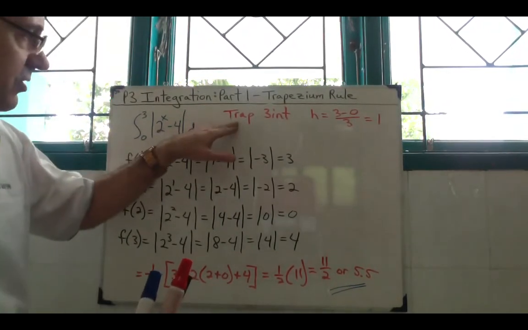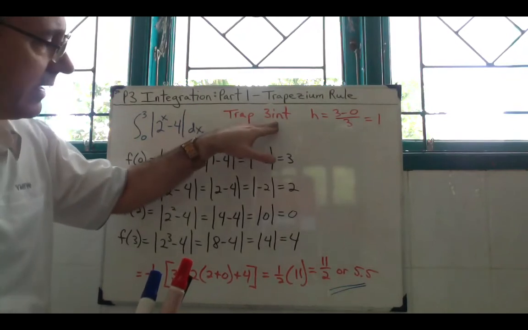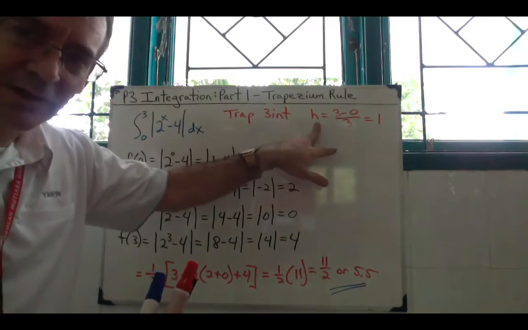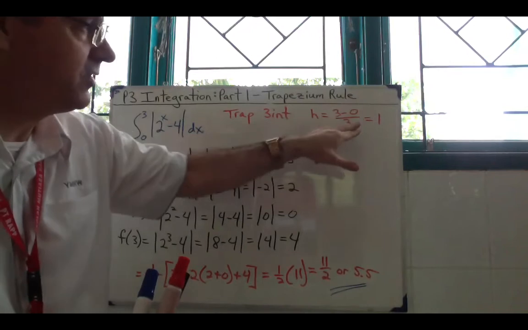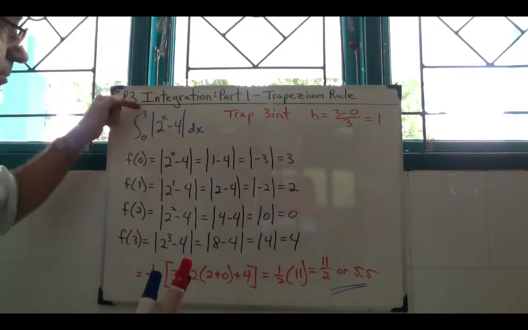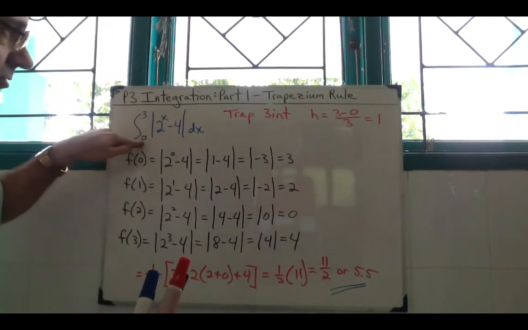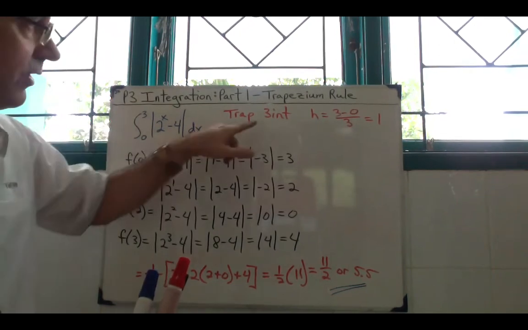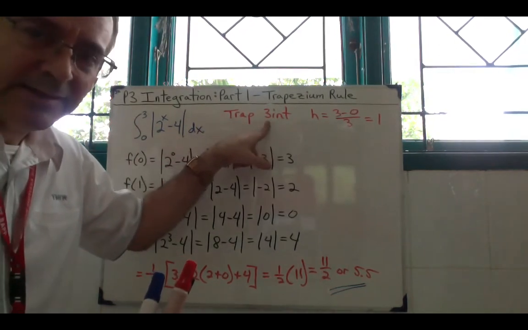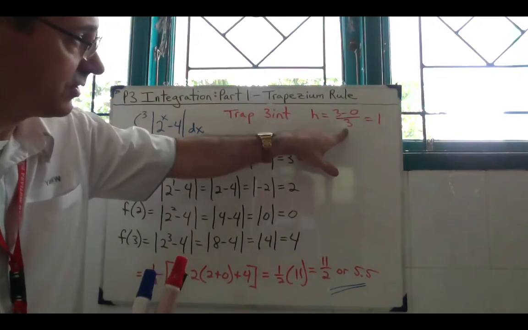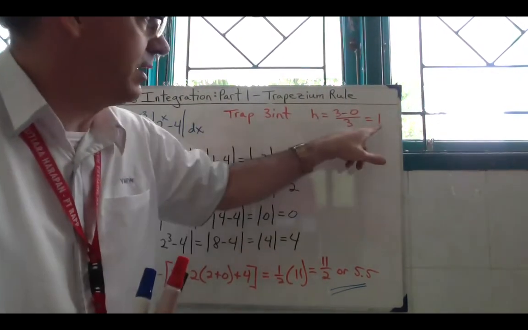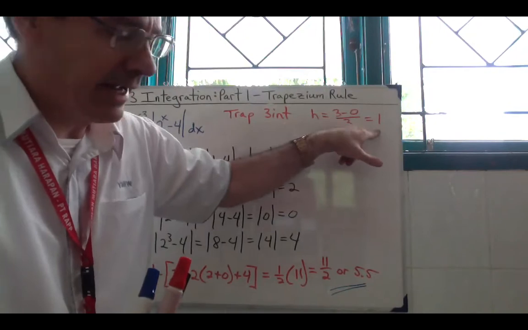So they told us use the trapezoid rule with 3 intervals. So the first thing we're going to do is find our height, b minus a over n. So here's the b, 3 minus a, 3 minus 0, and we have n intervals, 3 intervals. And so 3 minus 0 is 3, divided by 3 is 1. That is our height.